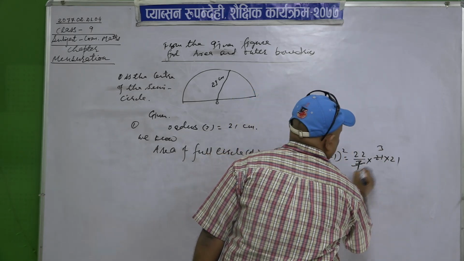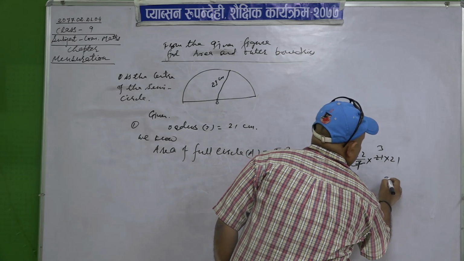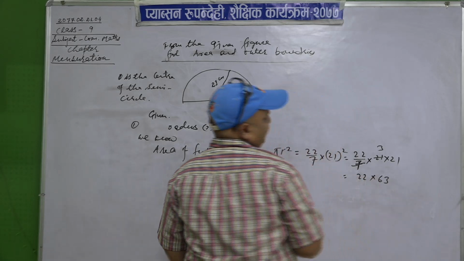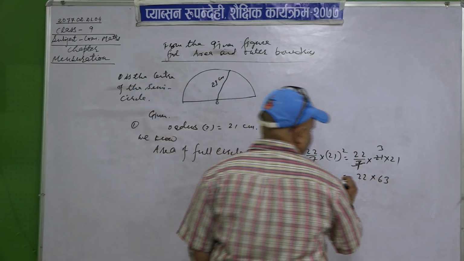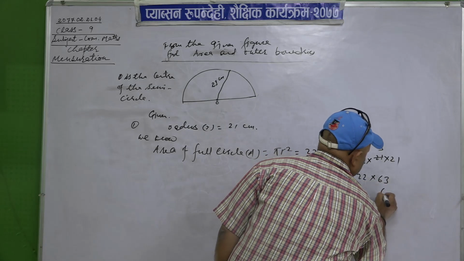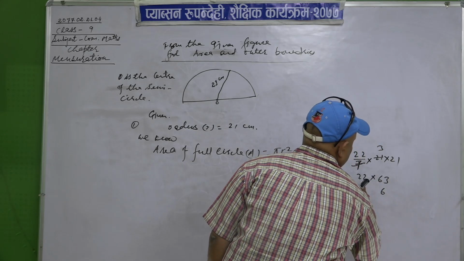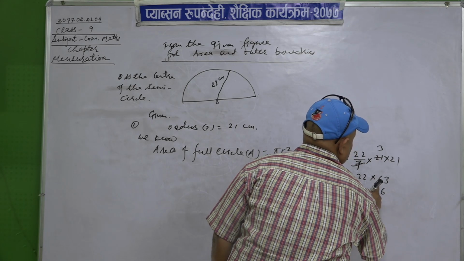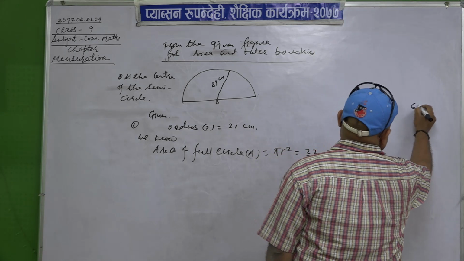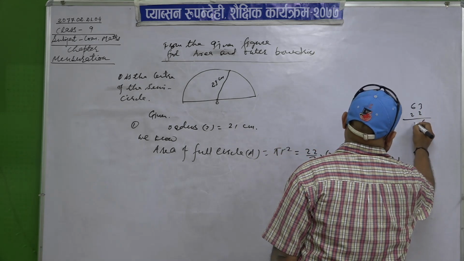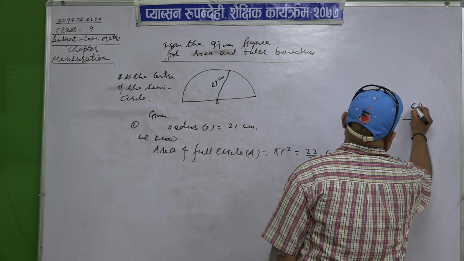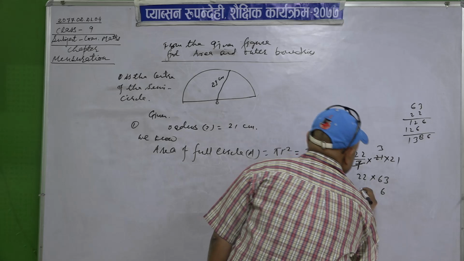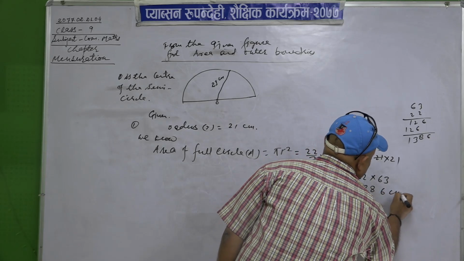Multiplied, 3 1 is 3, 3 2 is 6, into 22, and now we multiply 63 into 22, which is 1386 centimeter.